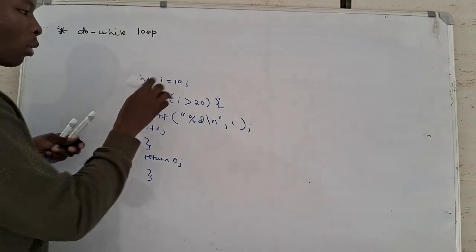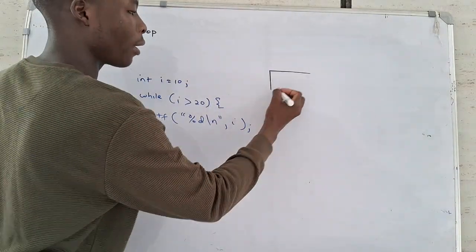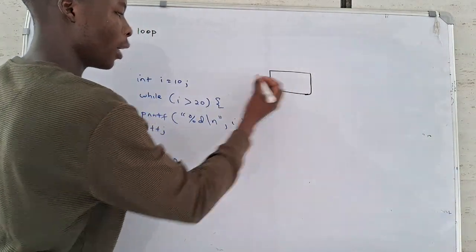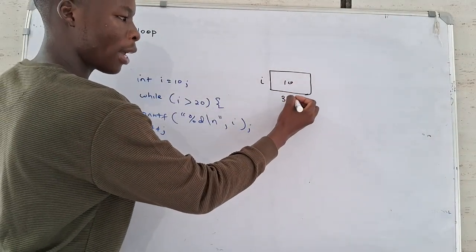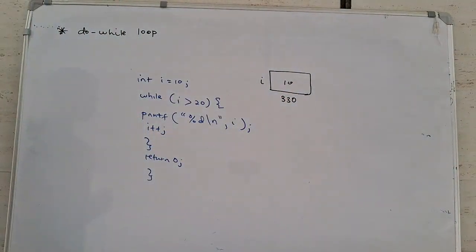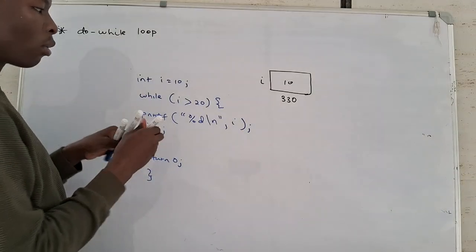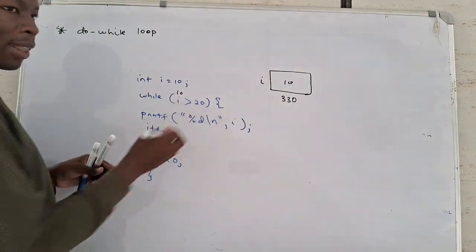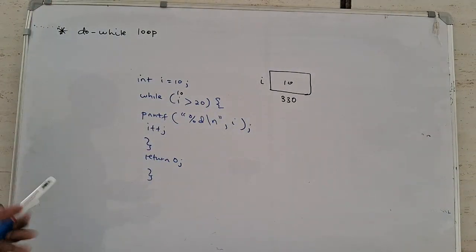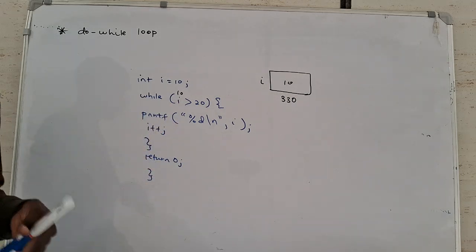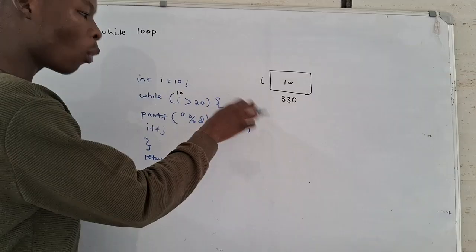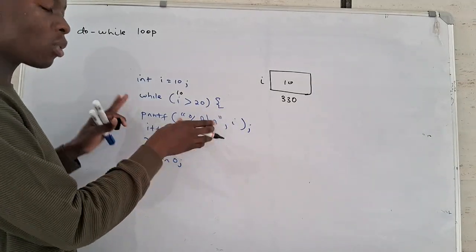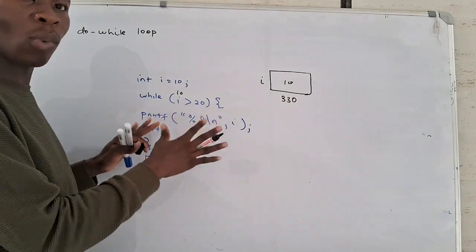See what is going to happen. Some space is allocated for the variable i, and this i is storing 10. Suppose 300 is the memory address. Now it is going to check: while 10 is greater than 20, this is false. 10 is less than 20. So the compiler is not going to enter, it is not going to execute this while body.